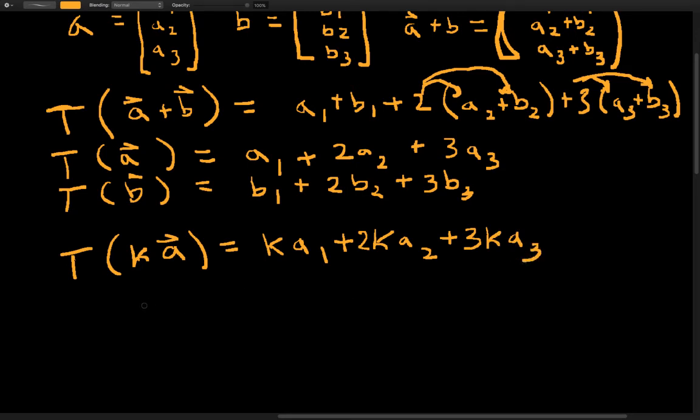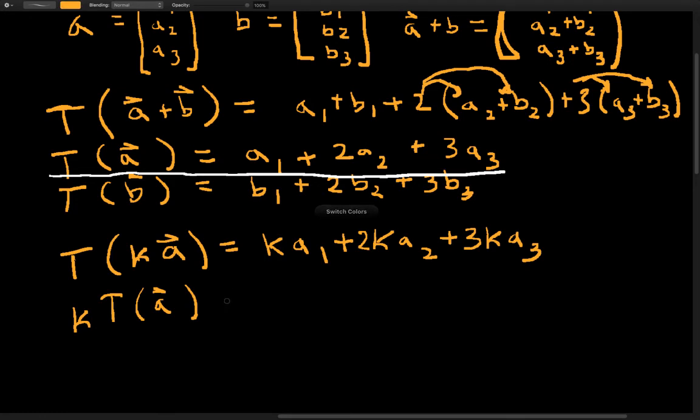So if we were to just do k times T of A, that's pretty similar to this example over here. It would be equal to k times all of this stuff, A1 plus 2A2 plus 3A3.